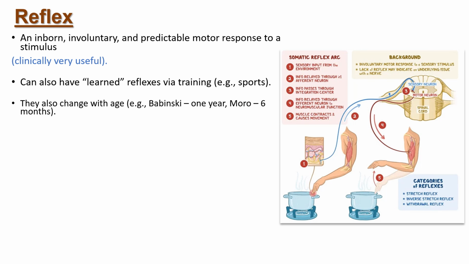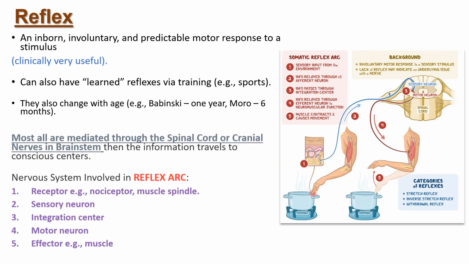Usually that one goes away by 6 months, Babinski by 1 year. I have seen adult patients who had a significant cervical injury where the Babinski reflex returned. So when you do neuromuscular assessments, sometimes you're predicting a loss of a reflex, and sometimes you're looking for the return of a reflex.